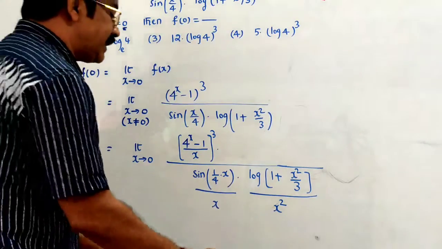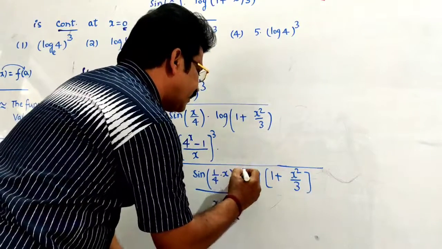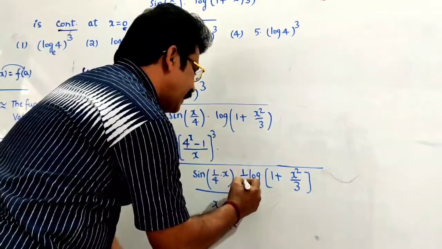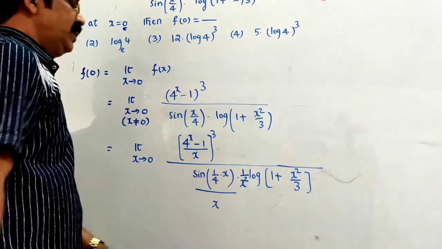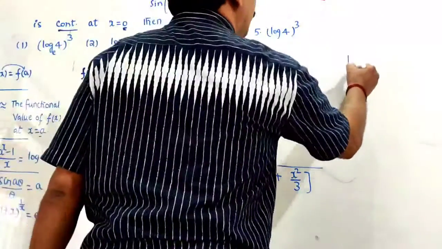Understand? Next, this can be written as 1 by x square into logarithm of something. So therefore, you come here.